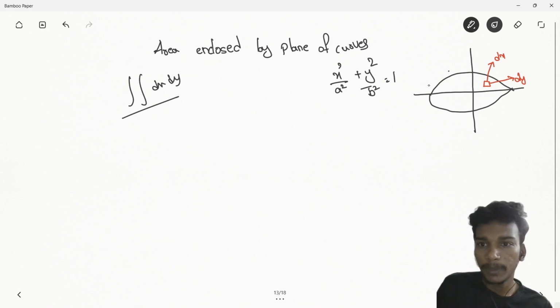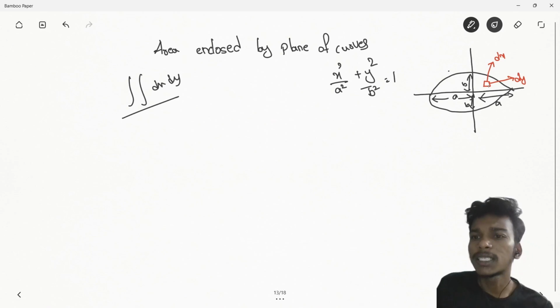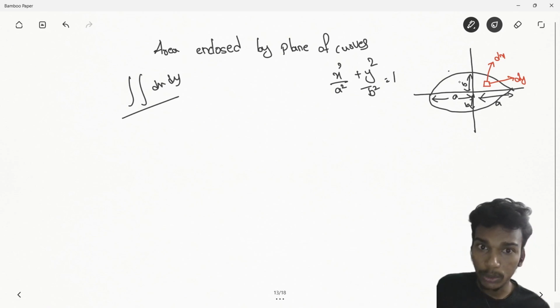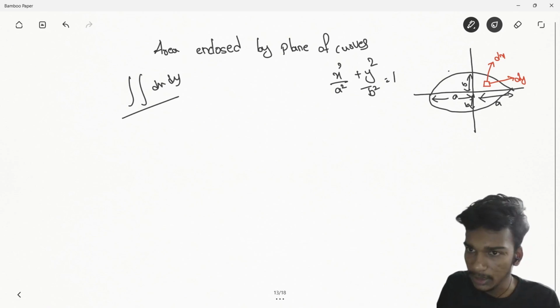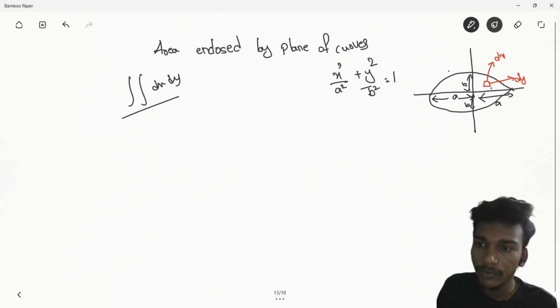Just look at this. It is an ellipse with major axis as A. Pardon my drawings, these are not right, but this is also A and the minor axis as B. Just consider an arbitrary rectangle which has length dx and breadth dy, right?